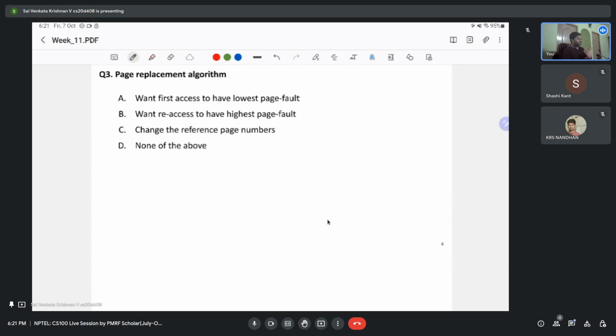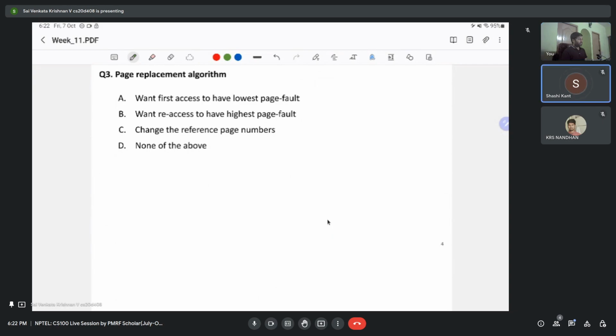Does it want the first access itself to have the lowest page fault, or does it want the re-access to have the highest page fault, or none of the above? What does it want to achieve?